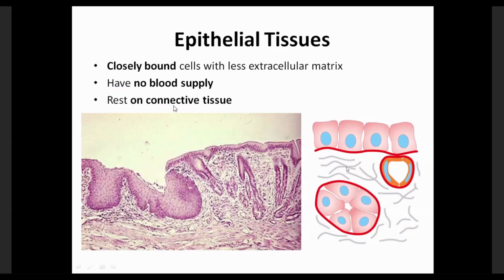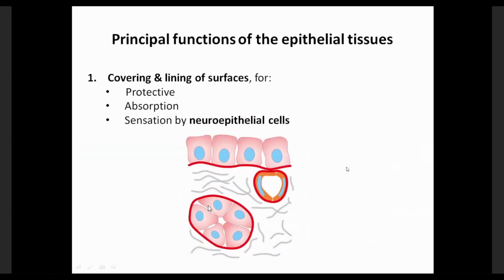One is to get metabolic needs by diffusion from the heavily blood-supplied connective tissue. The second reason is that the connective tissue also offers physical support. Because of this, epithelial tissue is closely related with connective tissue.